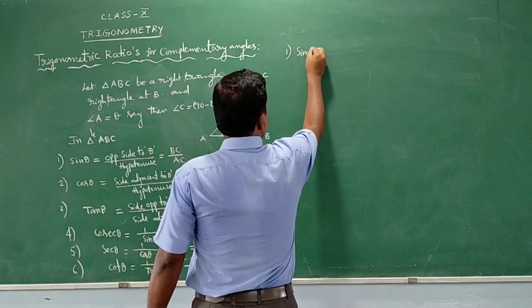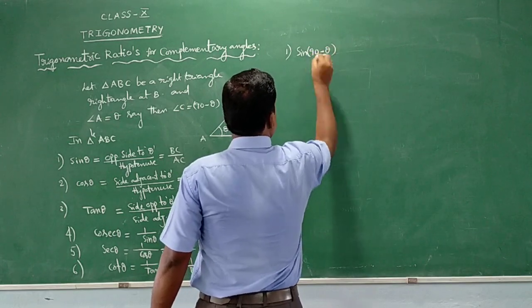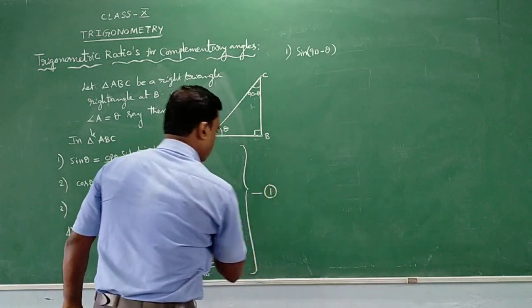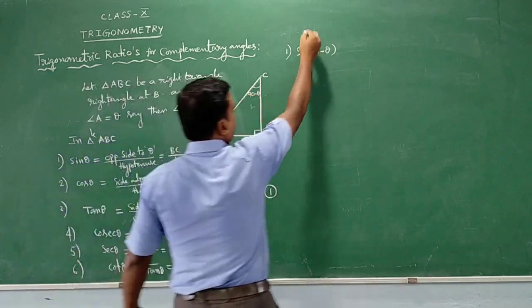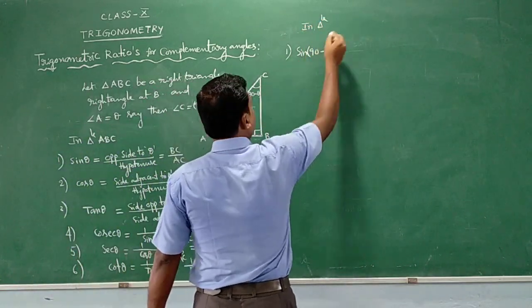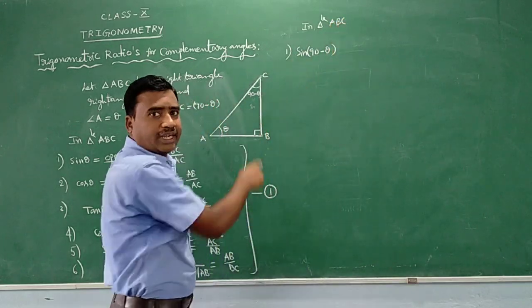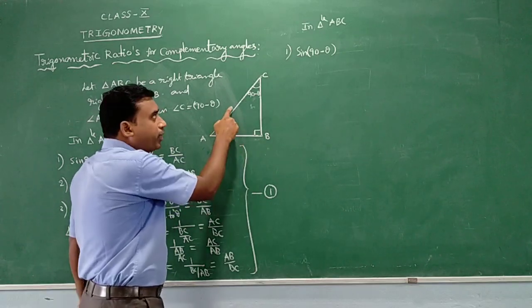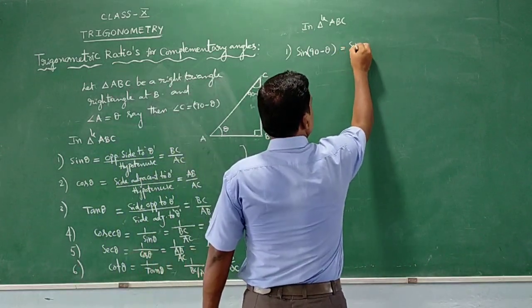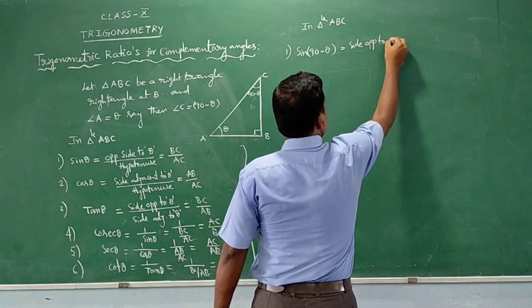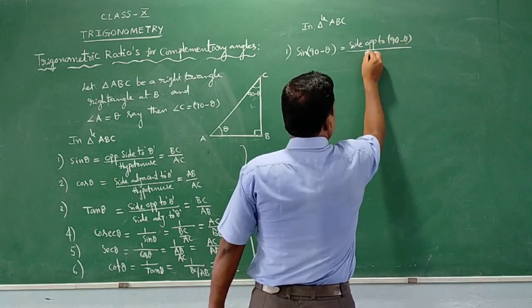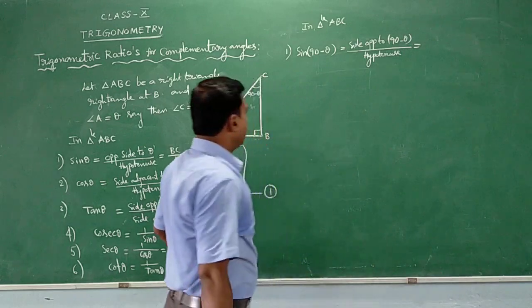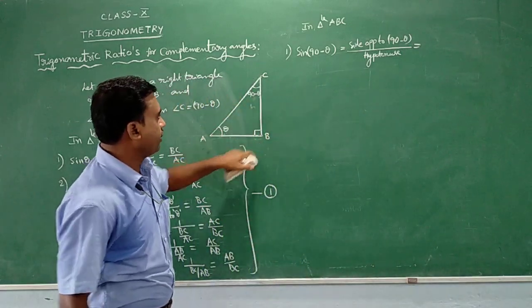So here, sin 90 minus theta, in the triangle ABC, is equal to the side opposite to 90 minus theta by the hypotenuse. The side opposite to 90 minus theta means AB, and the hypotenuse means AC.